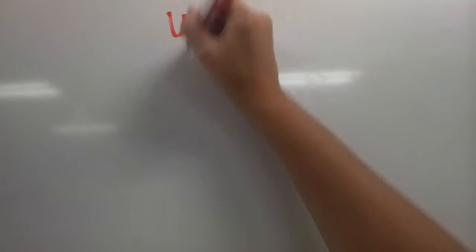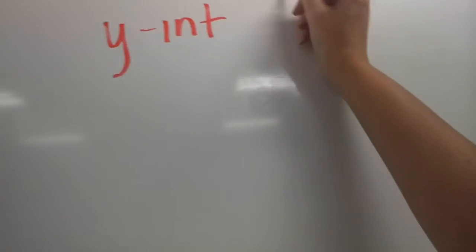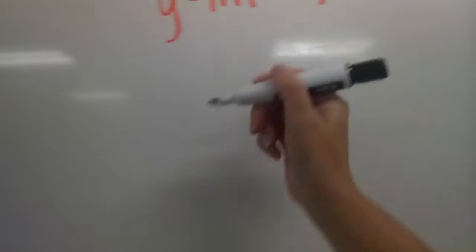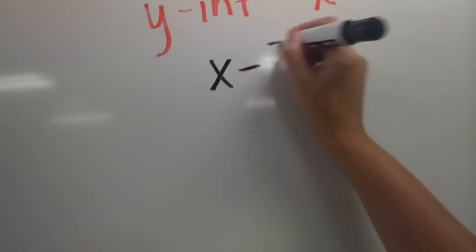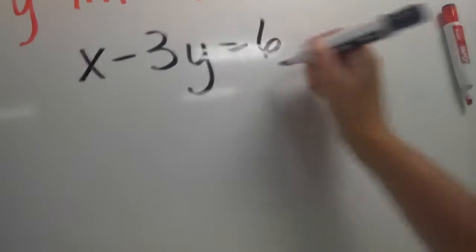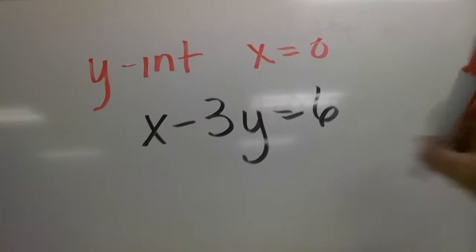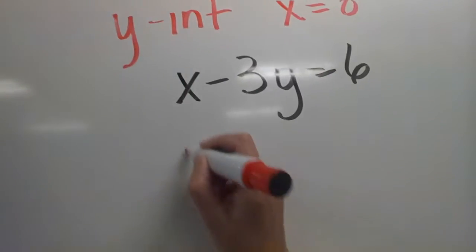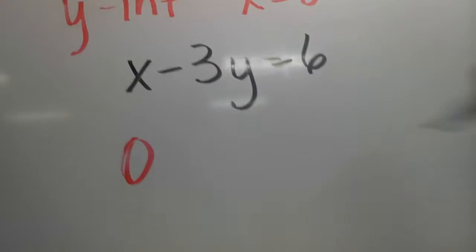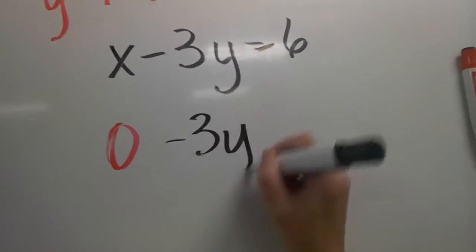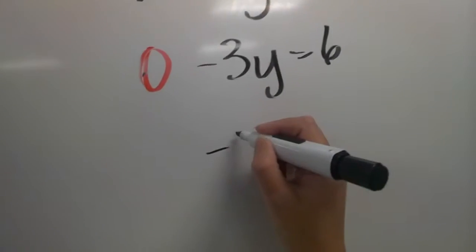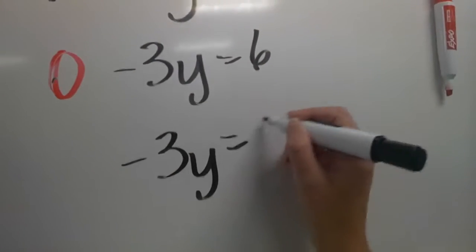So for our y-intercept, x equals 0. So again, x minus 3y equals 6. We need to substitute 0 in for x. So 0 minus 3y equals 6. All right? 0 minus 3y is going to give us negative 3y equals 6.